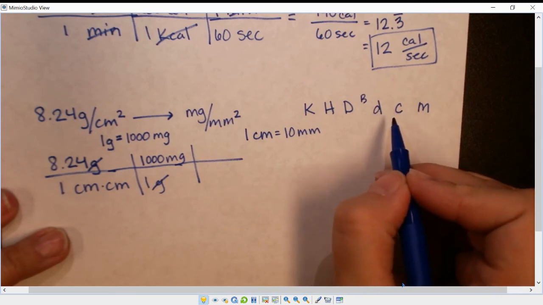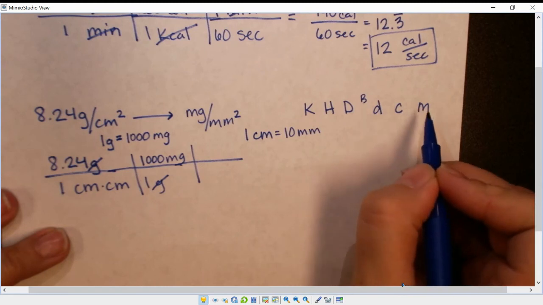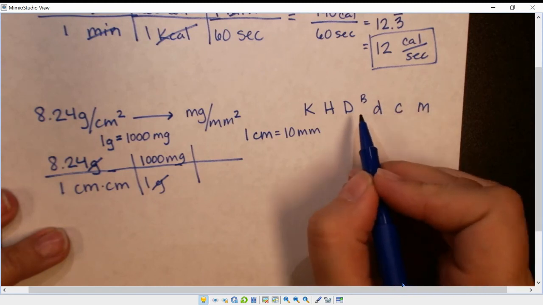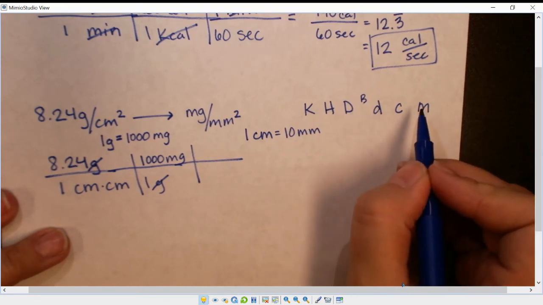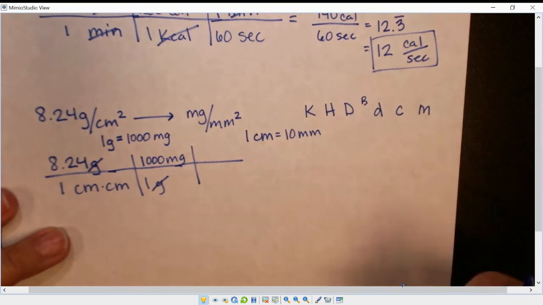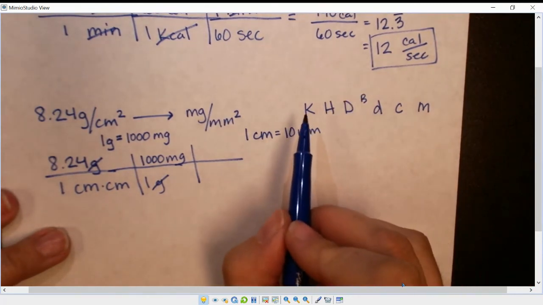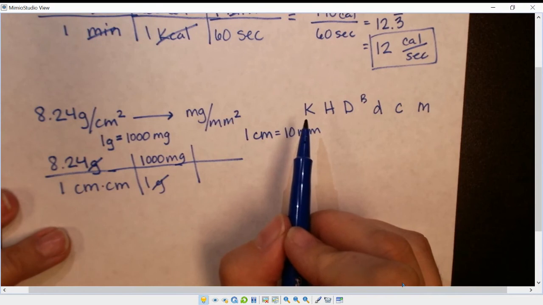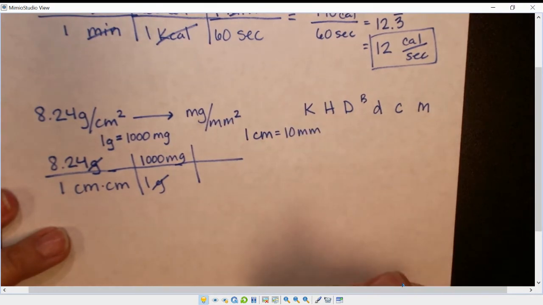Deci divides, centi divides deci by 10, but milli divides deci by 100. The base unit, milli divides the base unit by 1,000 because it's 3 places away. I think probably the more politically correct mnemonic you guys get is King Henry died by drinking chocolate milk. I like mine better.